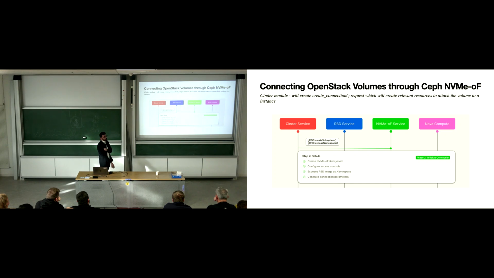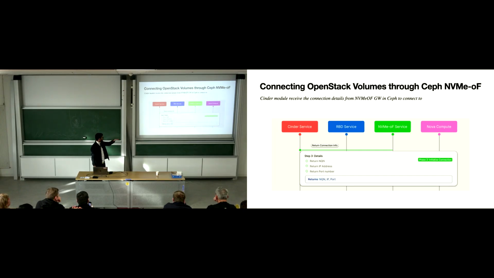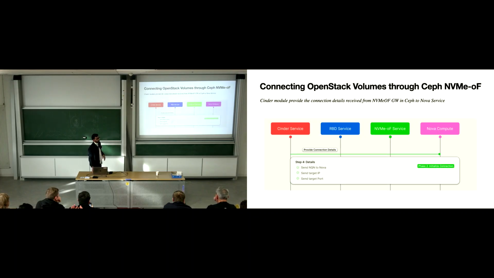When we attach the volume to the server, it will create the NVMe subsystem, expose the RBD image that we created as a namespace, and then provide the connection details to the Nova service, to map the NVMe device on the host where the server is running.